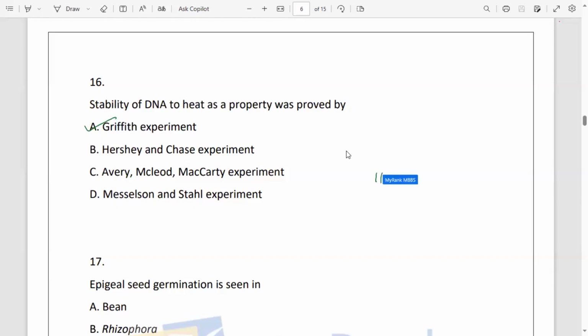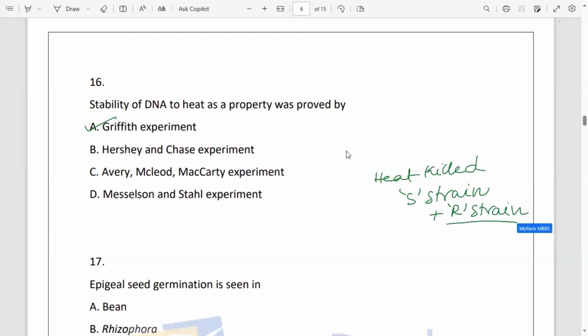When heat killed S strain is mixed with R strain, the R strain is converted into S. Even upon heating, the pathogenic nature of the organism externally is lost, but internally the pathogenicity is still retained in the heat killed S strain. So whichever substance is responsible for converting R strain into S strain, it was stable to heat. It has not lost its virulent nature. So this is proved by Griffith experiment. So answer is A.